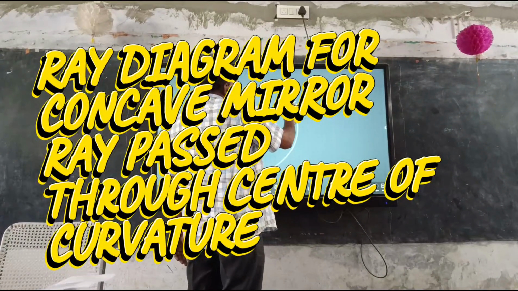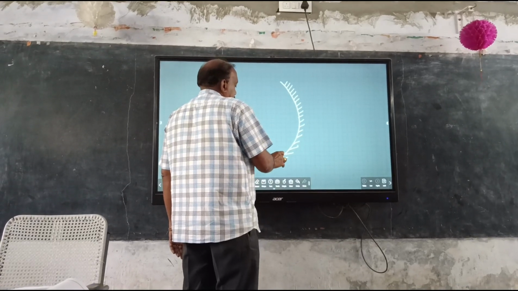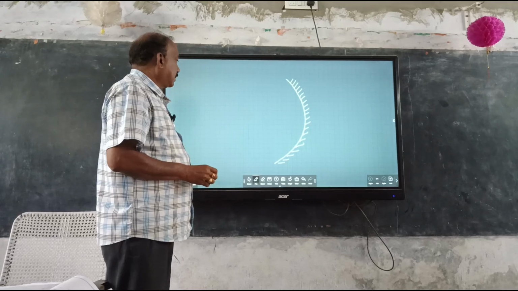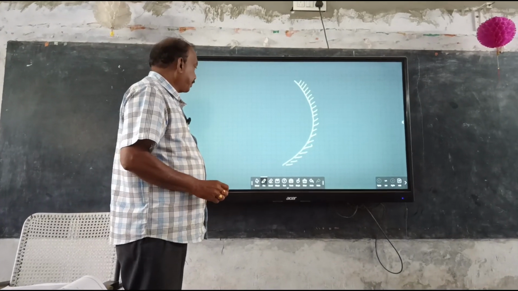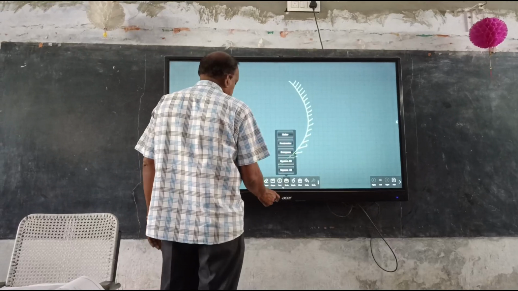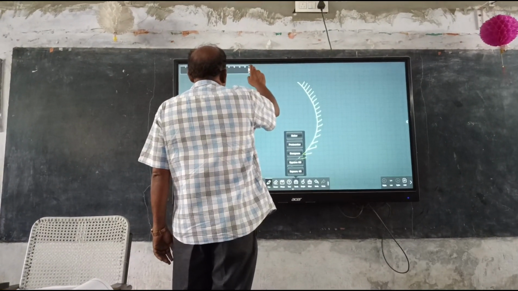So this one is concave mirror. Inner side is reflecting surface. Next we will draw a principal axis, with the help of the scale.